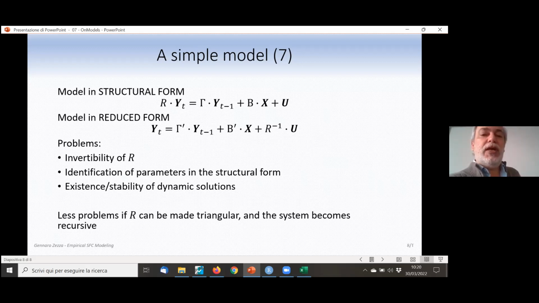So you cannot estimate the two equations directly in structural form, but you can estimate them in reduced form.